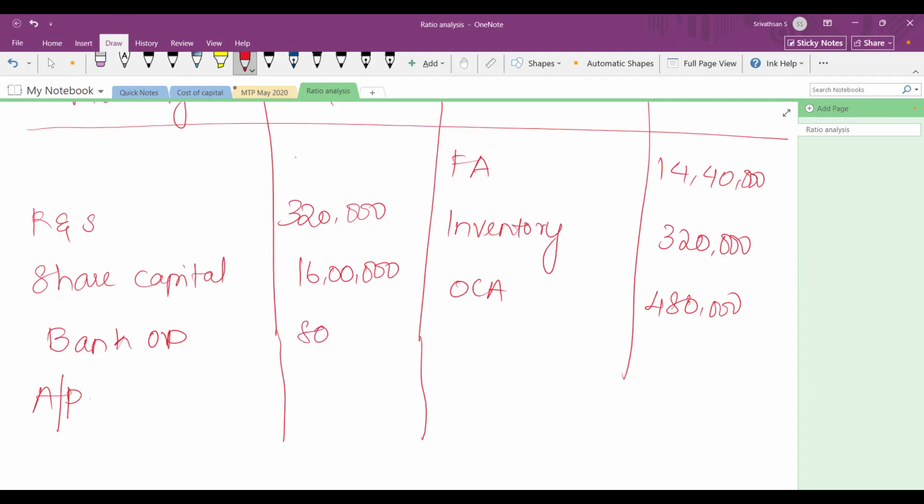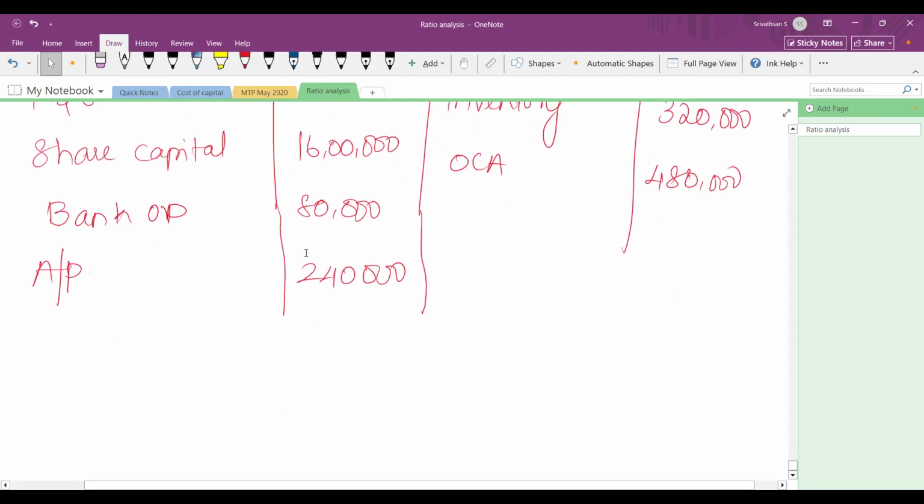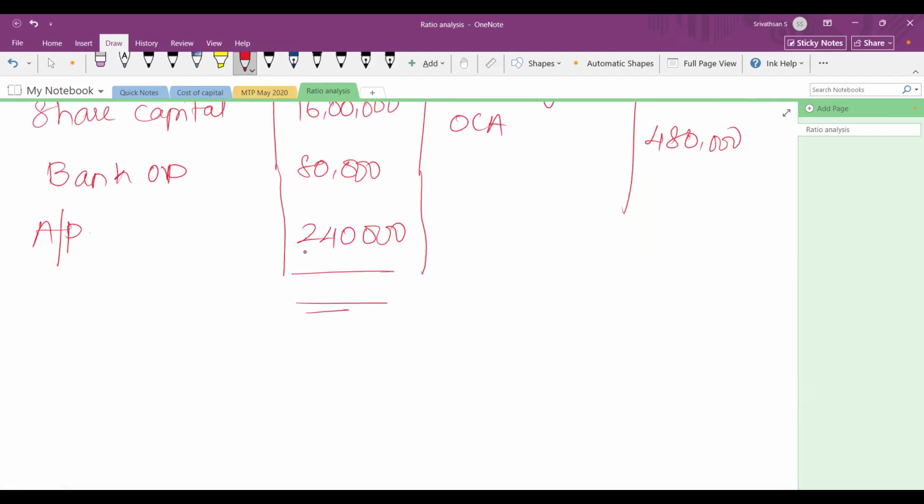Bank overdraft, how much? 80,000. So remaining accounts payable is what? 2 lakh 40,000. Correct? So what is the total? 22 lakh 40,000.